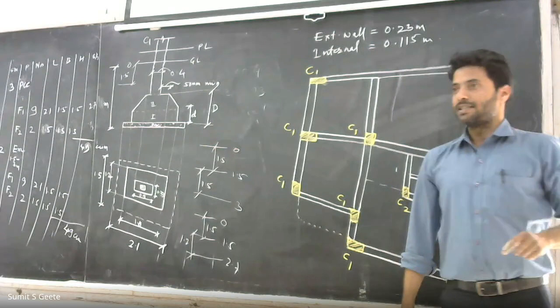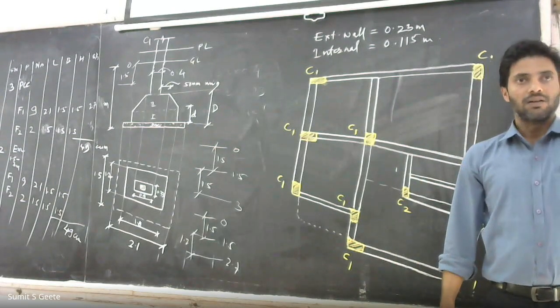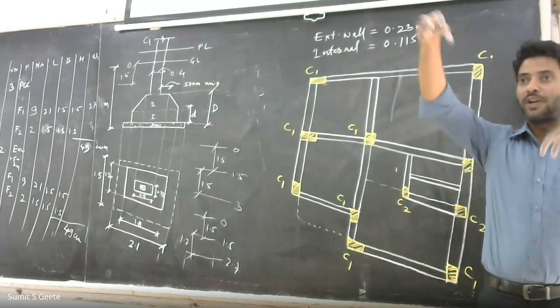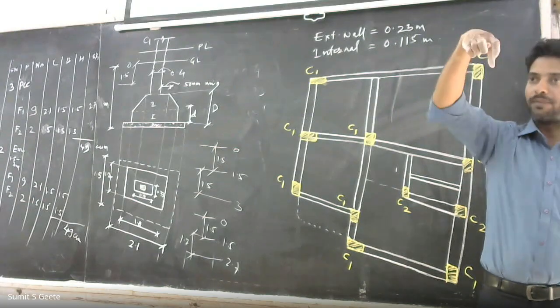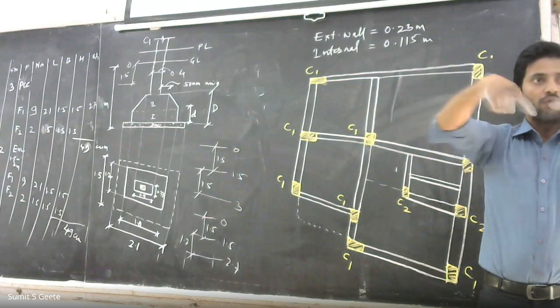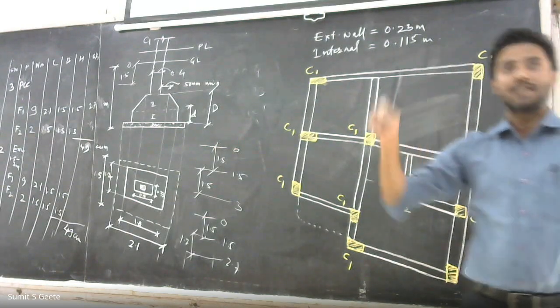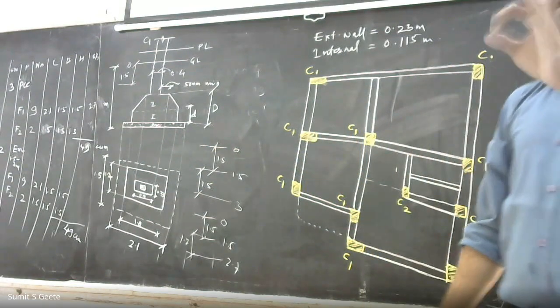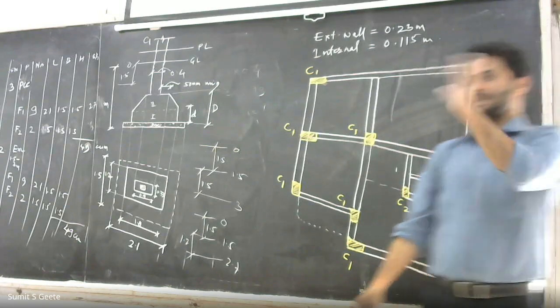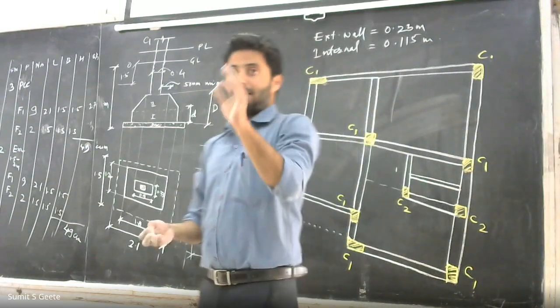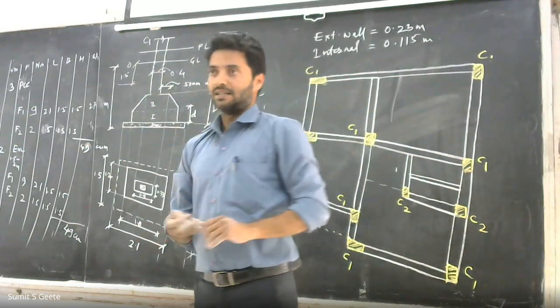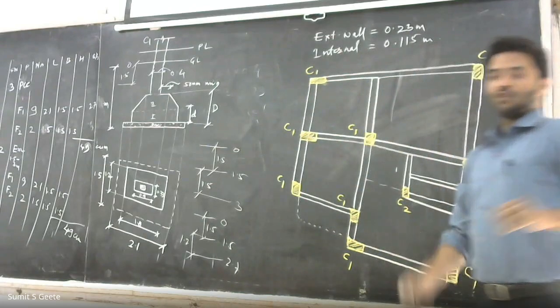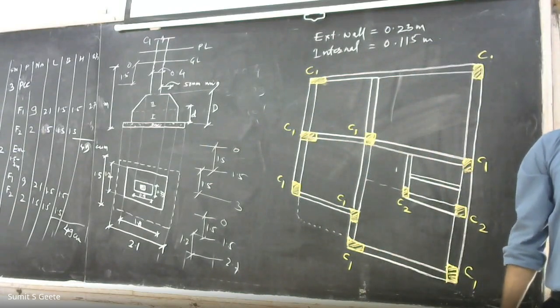Plan dimension means what? Plan dimension means when you are going to visualize that element from the top, then whatever the dimension you are going to visualize, that dimension is basically called the plan dimension. Clear? So plan dimension of excavation is same for PCC.